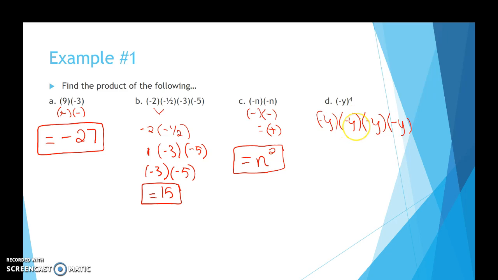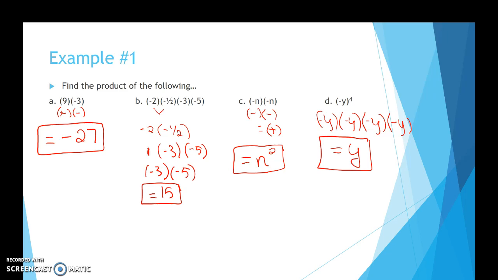Then if we take a positive y squared and multiply it by negative y, that gives me a negative y cubed. Negative y cubed times negative y is just going to give me a positive y to the 4th. So my answer here is a positive y to the 4th.